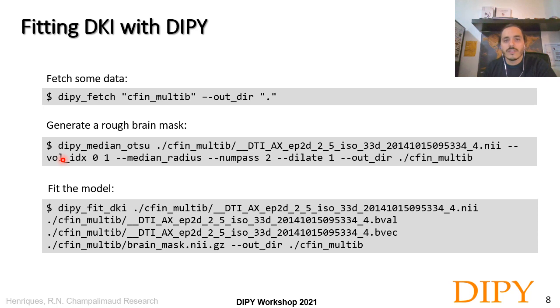For this, you have to indicate the paths of the downloaded data, or the path of your data if you already have multi-shell acquisitions. Then DKI can be fitted using the DIPY fit DKI function, where you need to input the paths of your data, the B values, the gradient directions of the data, and the mask.